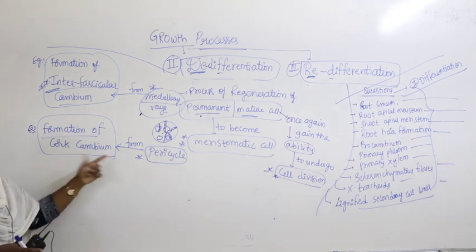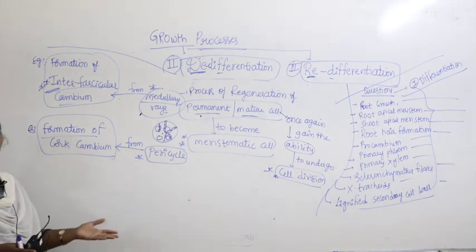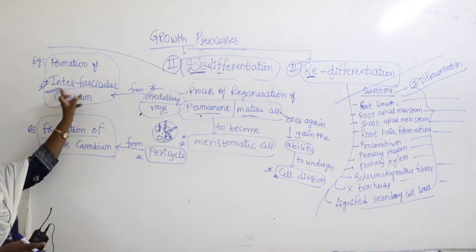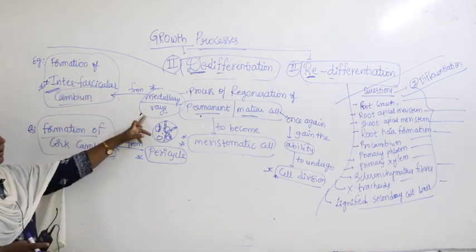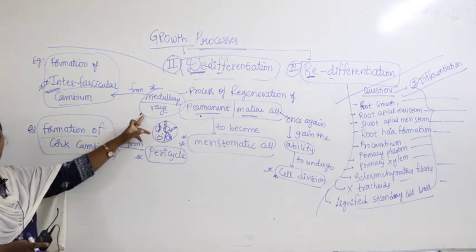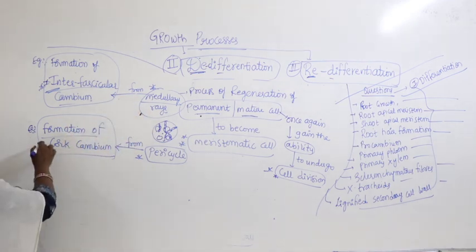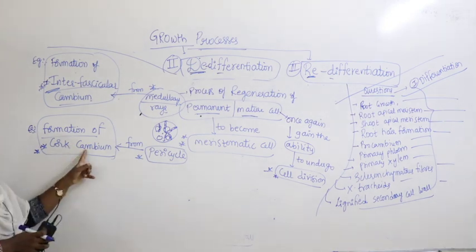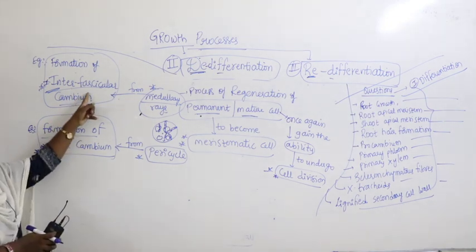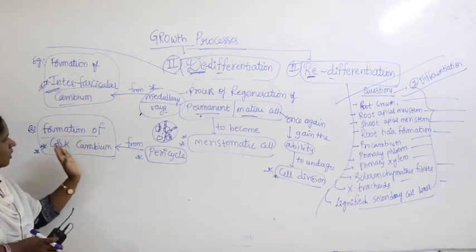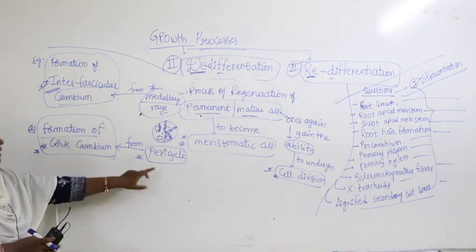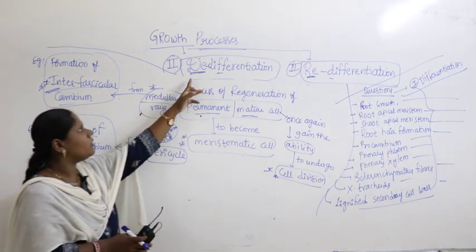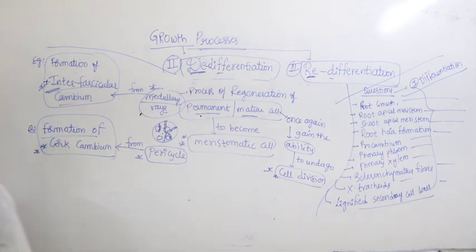Both are good examples of de-differentiation. I repeat again: formation of interfascicular cambium occurs from medullary rays, and formation of cork cambium occurs from pericycle. You know the anatomy part well. These two are very good examples of de-differentiation.